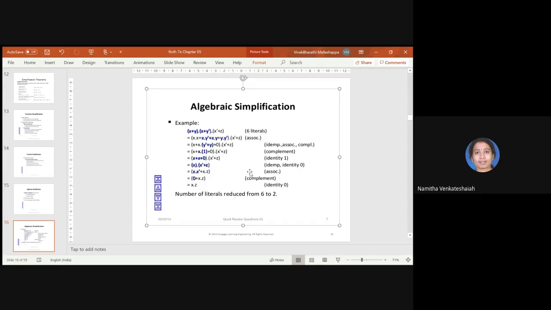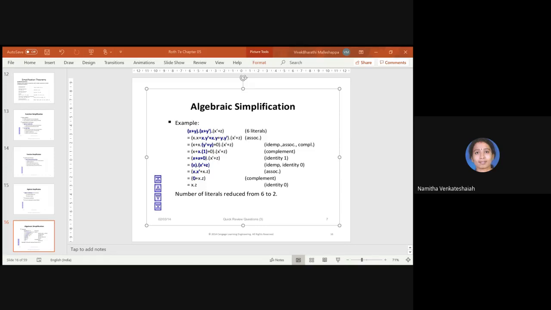You just understand that initially there are six literals. By applying various theorems, I'm able to get only two literals. So using two literals, what happens? The number of gates I will be using would be very less. Since the number of gates and number of inputs are less, it is economical and time saving.